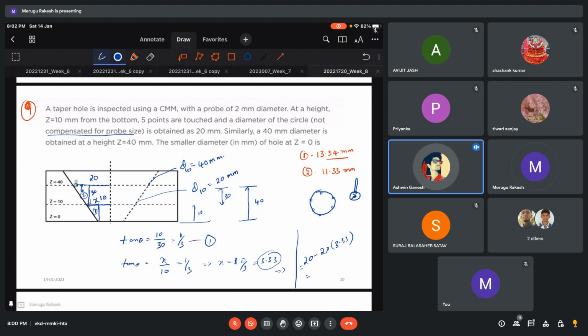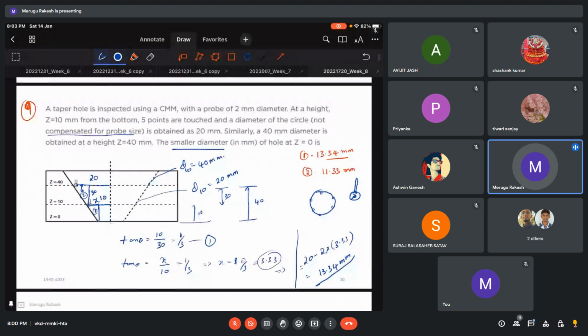Sir, here the word smallest is a bit confusing, because we can find it, but we don't know whether it is the smallest or largest. The smaller diameter of the hole at z equal to 0. Why are you confused? Because there is only one dimension and there is no inner or outer.